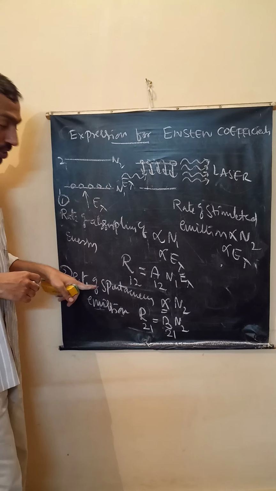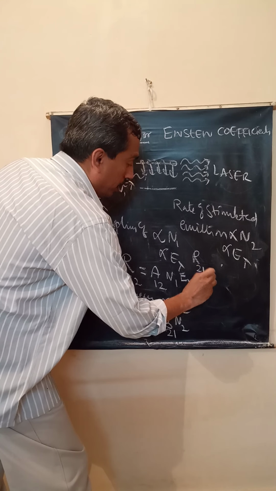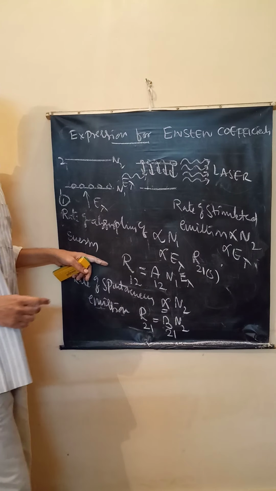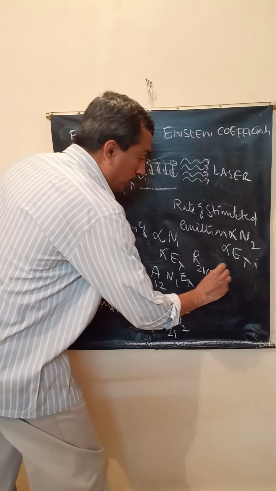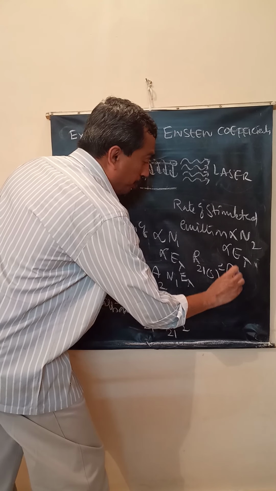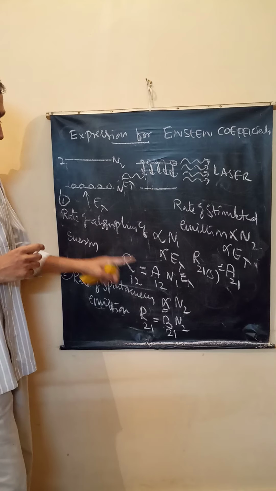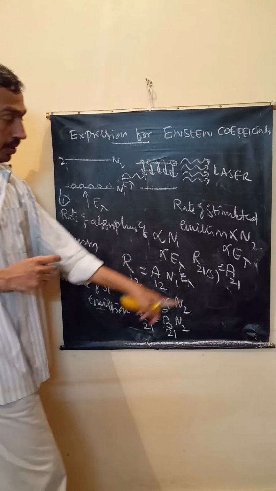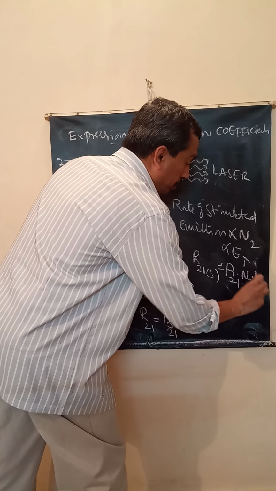Correct? No energy is supplied during spontaneous emission. Therefore, R21 stimulated, I will write R21 within the bracket, is equal to the Einstein coefficient of stimulated emission, A21.